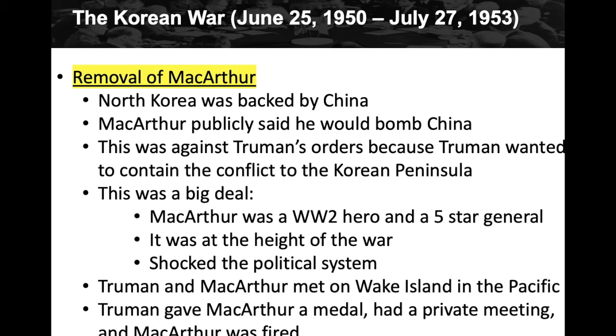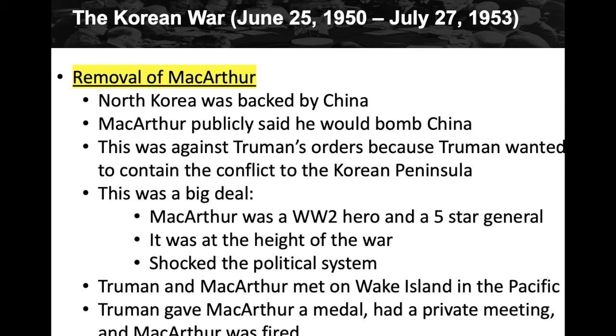A 4-star general has a lot of power. I mean, these are top guys. Well, during World War II, and even after that, they had a rank called the 5-star general, and there were only a handful of 5-star generals. But MacArthur was one of them.